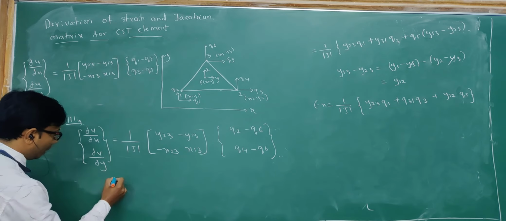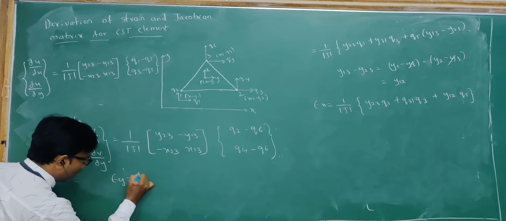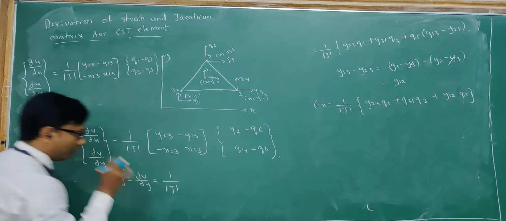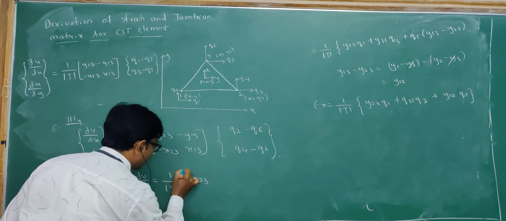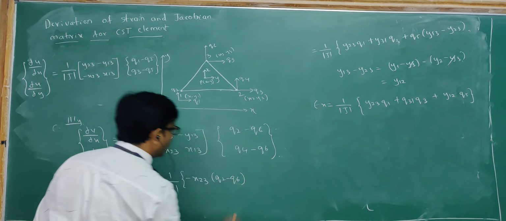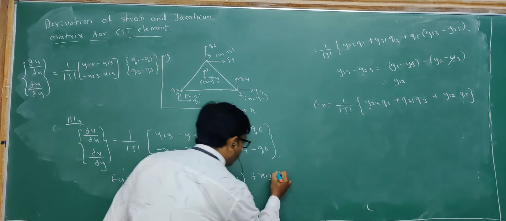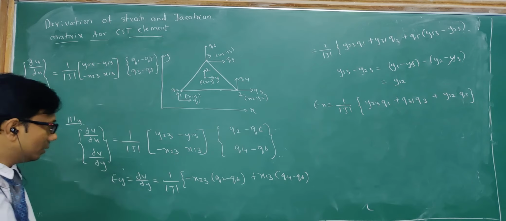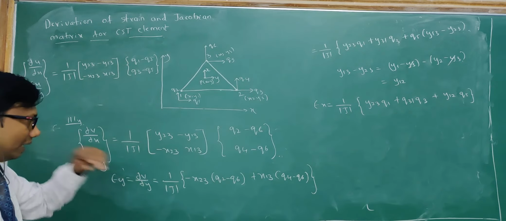It is nothing but 1 upon determinant j into minus x23, and just take it as a bracket, into q2 minus q6 plus x13 into q4 minus q6. So this is the equation. We need to solve this, and when you solve it, we will be getting the equation of that.